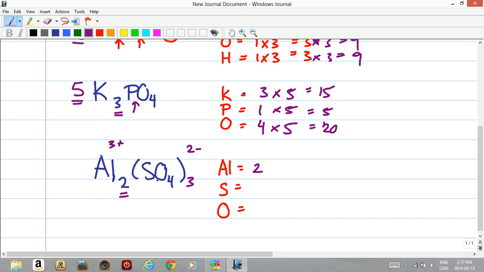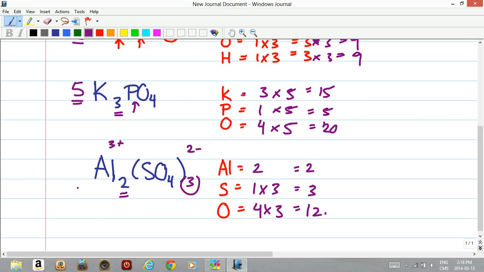Inside the bracket, there's no subscript for S, so we put a 1, and there's a 4 for oxygen, so we put a 4. Outside the bracket, there's a little 3, so anything in the bracket is multiplied by 3. We multiply the sulfur by 3, and we multiply the oxygen by 3. That gives us 2 aluminum, 3 sulfur, and 12 oxygen.